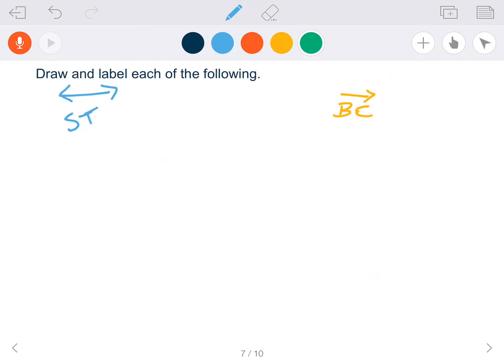Draw and label each of the following. This is the symbol version of line ST. So to draw this, I would draw a line with arrows on the ends.